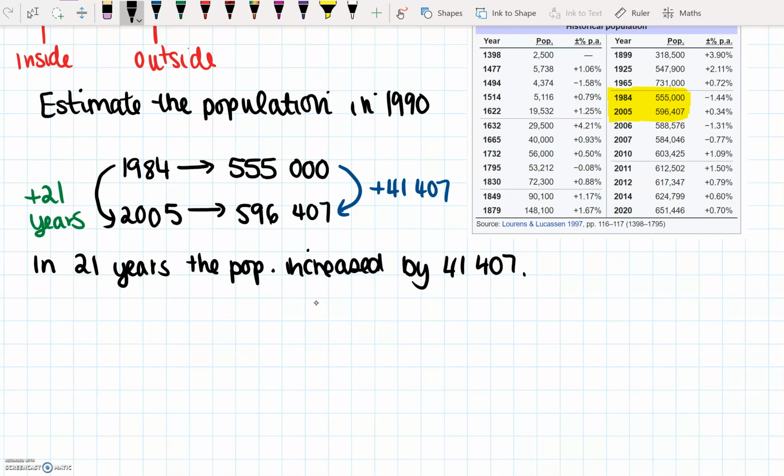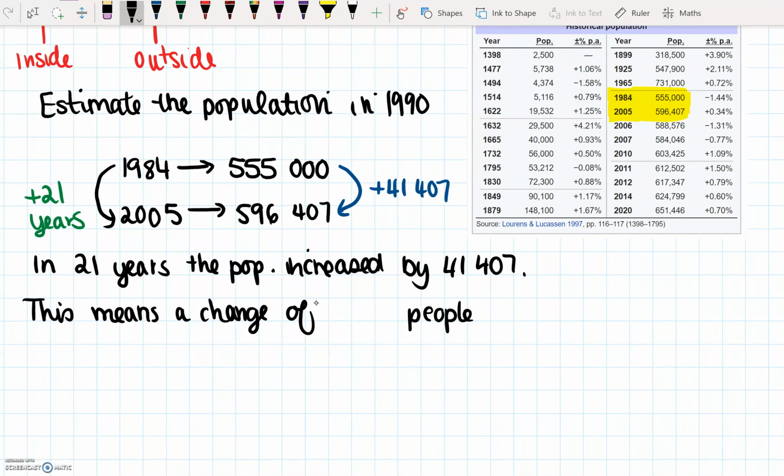Now what we can do then is look at what that change would be each year. So this means a change of how many people per year.